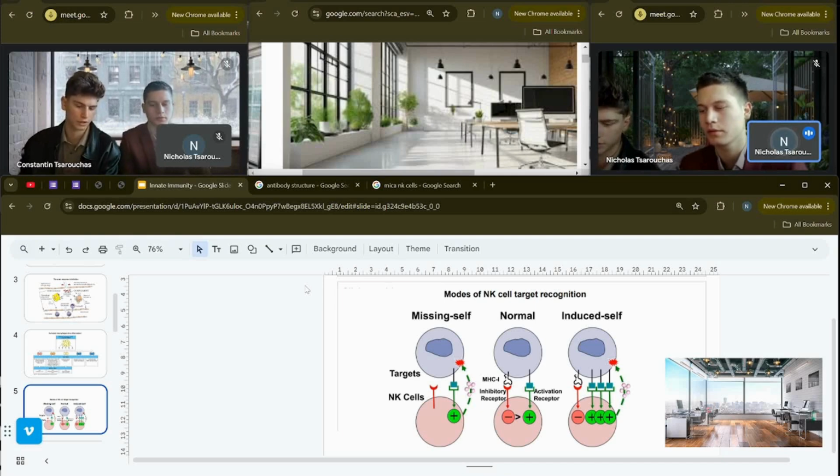To attach the peptide onto the MHC to be able to present it to a T cell or a B cell, in this bridge into the adaptive immune system from the dendritic cell.